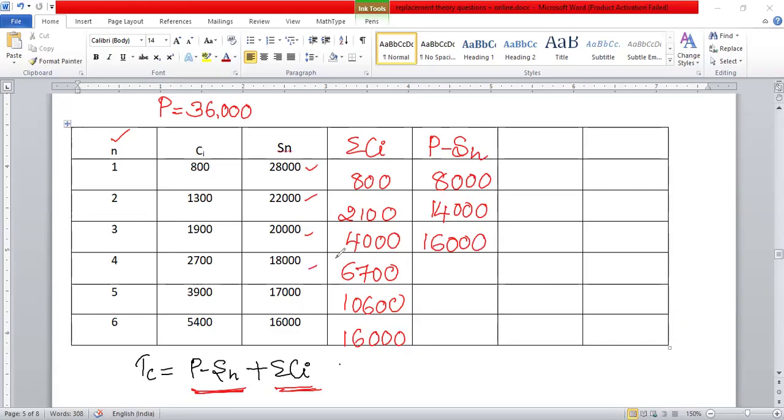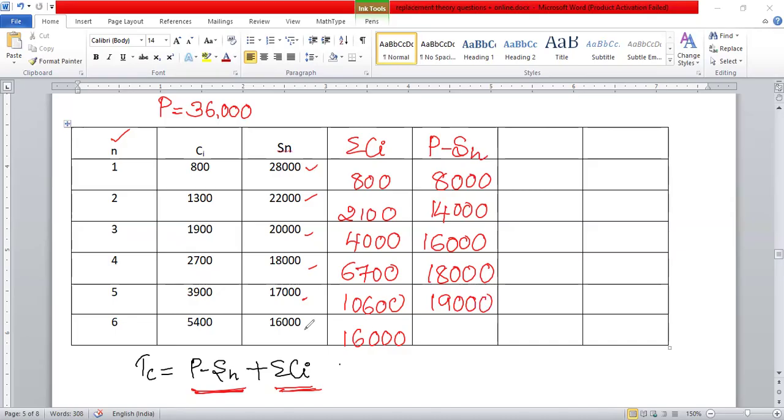Now 36,000 minus 18,000 is 18,000. Now 36,000 minus 17,000 is 19,000.